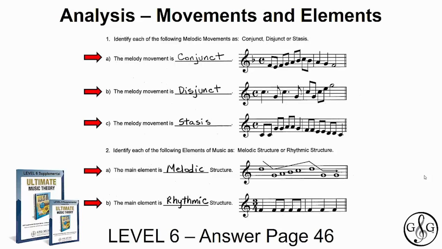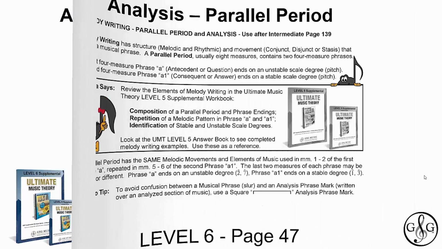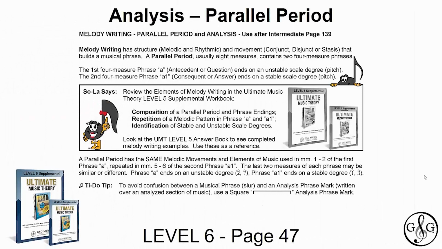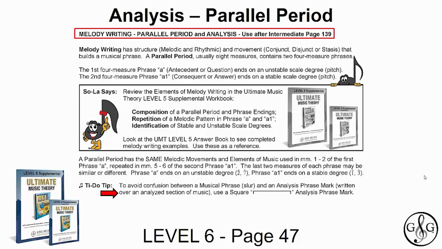So now we want to see how we're going to put that all together. In Level 6 on page 47, when students are doing melody writing in a parallel period and analysis, I just want to point out one more important thing. Take a look at the Tito tip at the bottom of the page.